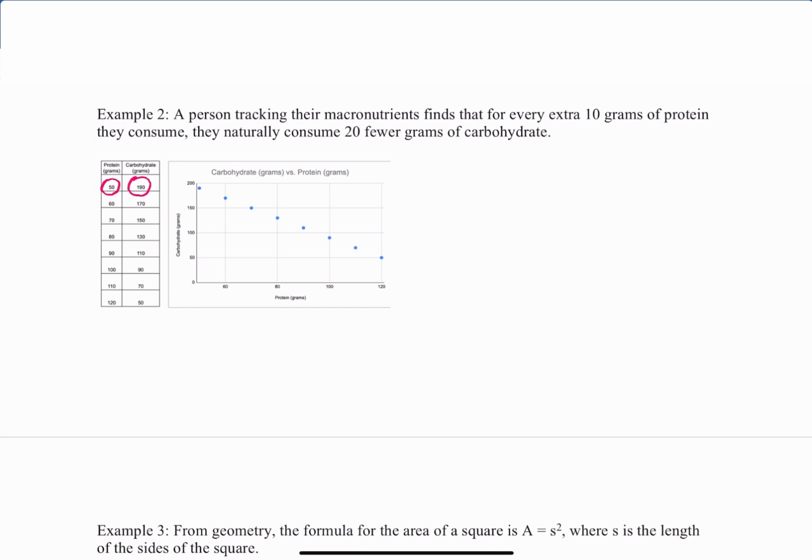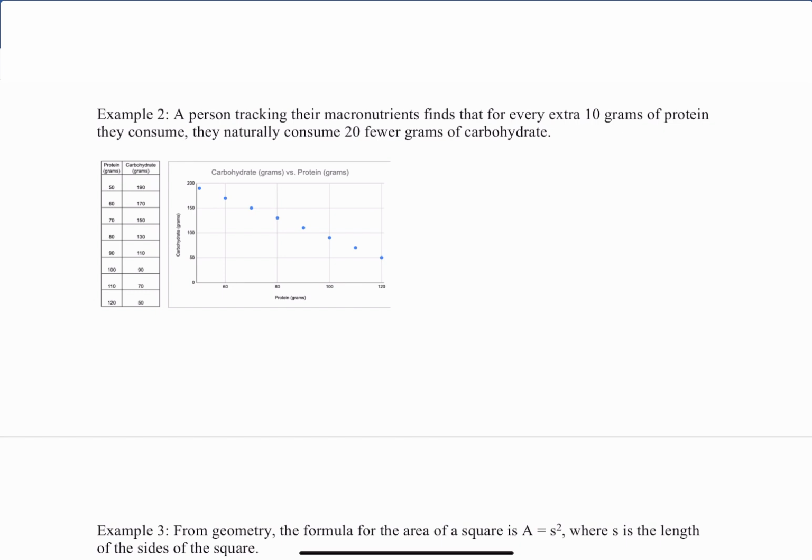They consumed 190 grams of carbs. Whereas, for example, if they bumped up their protein intake to 90 grams, it turned out their carb intake went down to 120 grams. And overall, they saw, again, that there was a decrease of 20 grams of carbohydrate for every 10 grams of protein consumed.